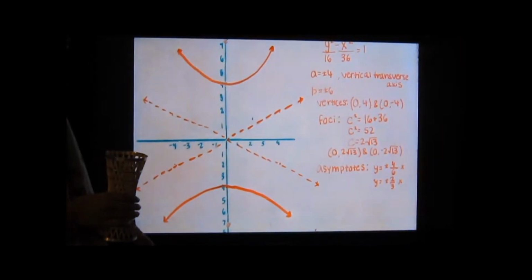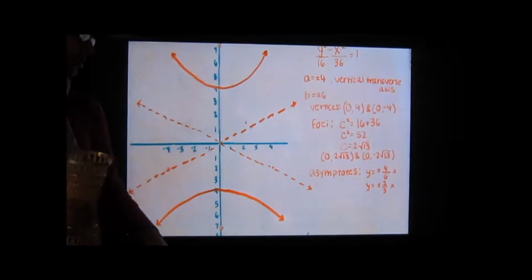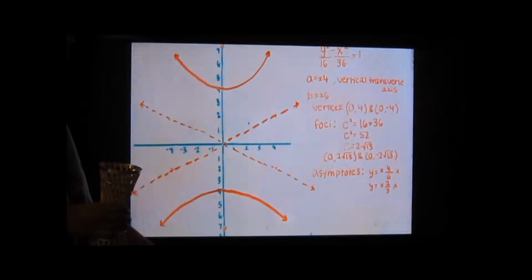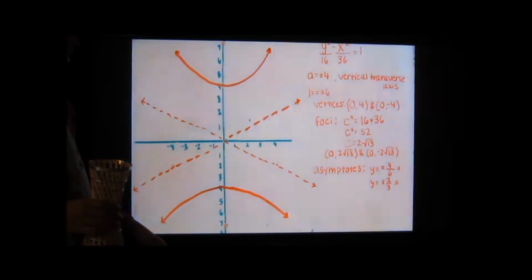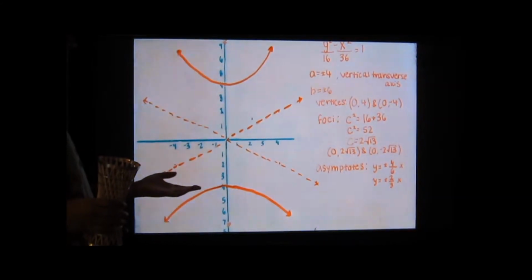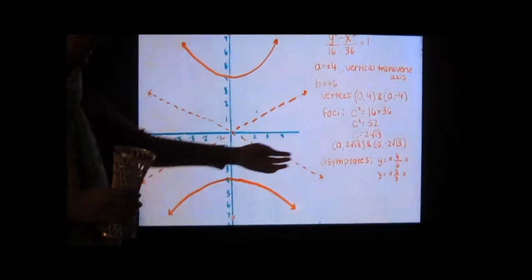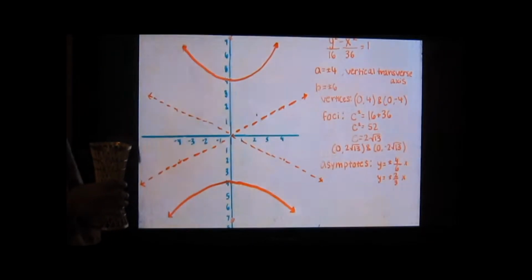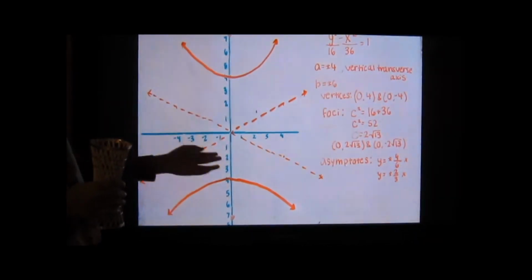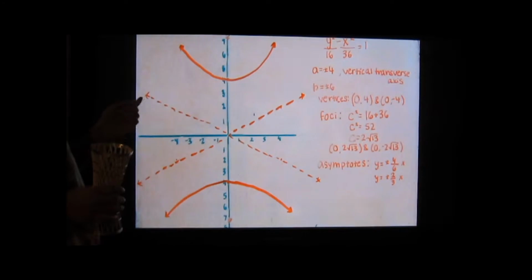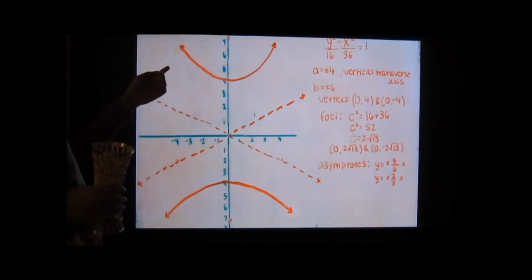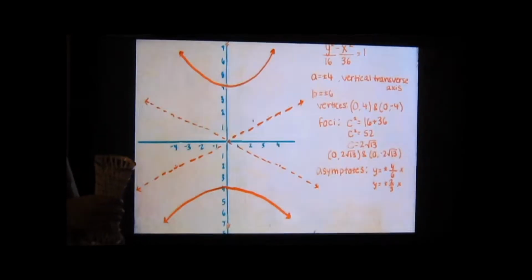And the foci would be (0, 2√13) and (0, -2√13). And therefore, the asymptotes would be y is equal to plus or minus 2/3 x. And after graphing the asymptotes and the vertices and the foci, you can easily graph the hyperbola as well.